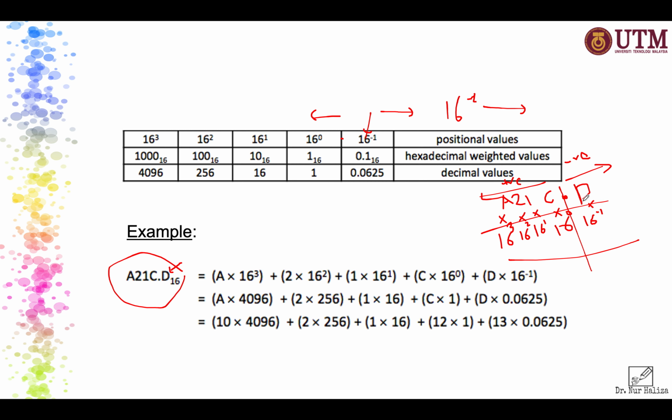So D, you will multiply by 16 to the power of -1, which is 0.0625, and then you get the answer after you multiply. The same goes here, and all the rest you will add.